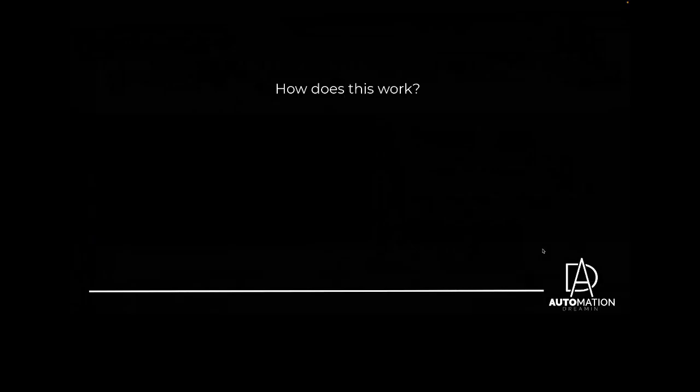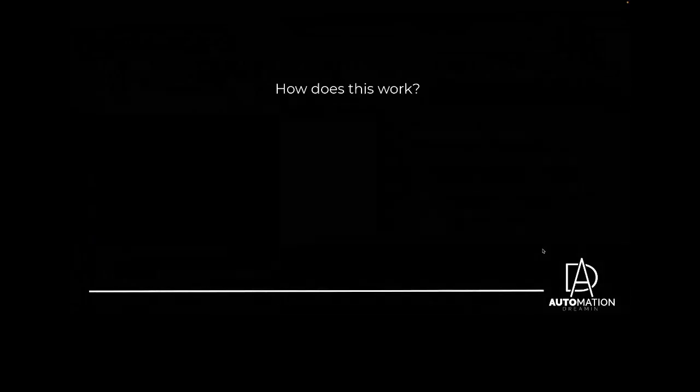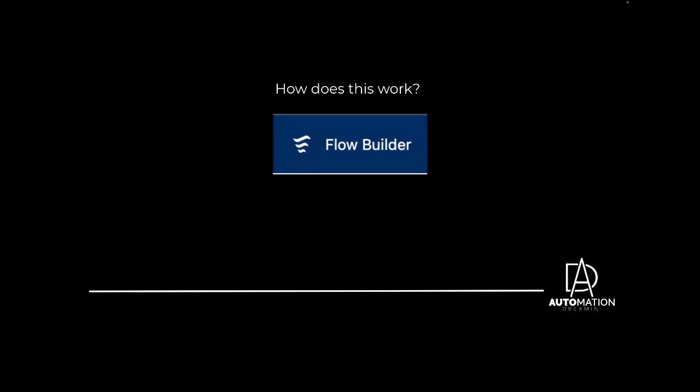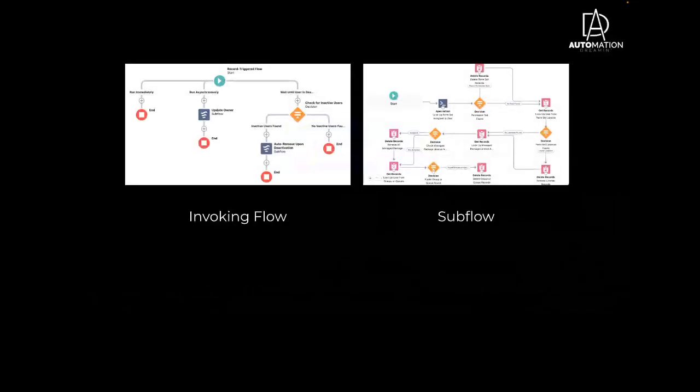So you are probably thinking, how does this work? And you can probably answer your own question. It works through Flow. Specifically, there are two flows involved in this process.